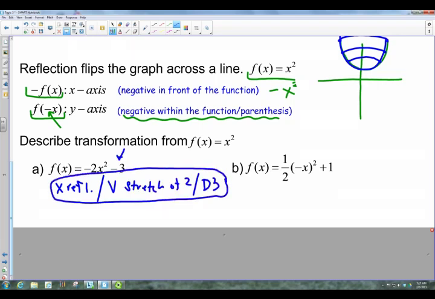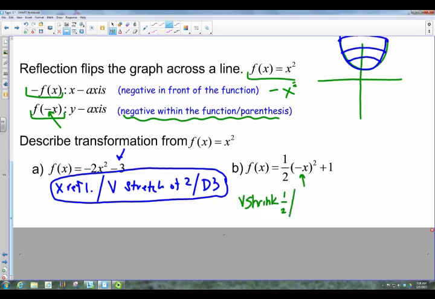Okay, so we can put all these things together for our final transformations. Alright, next one. You see the 1/2 out in front. That's a dilation of sorts. You've got this negative right here within the function. That's a reflection. And then you've got the +1 on the outside. So the 1/2, just like in the last part, is a vertical shrink of 1/2.